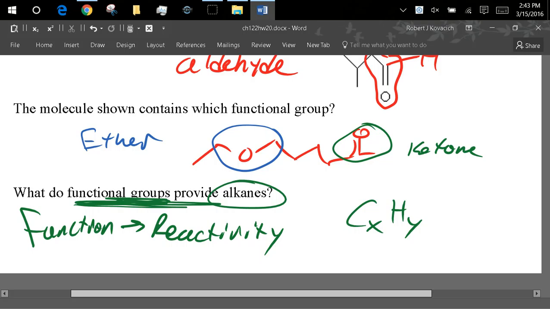I mean, there's a really big difference between C2H6 and C2H6OH. That first one is just ethane, and I can burn it, and that's about it. And the second one is ethanol, probably the most used drug on the planet, being that that's drinking alcohol. Okay.